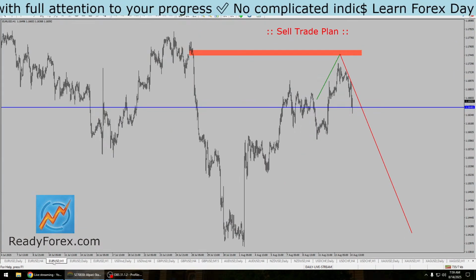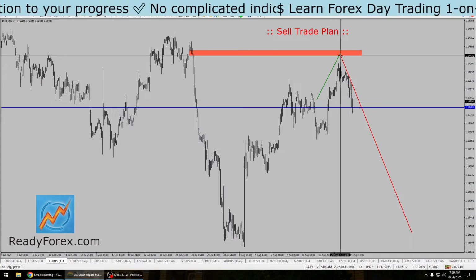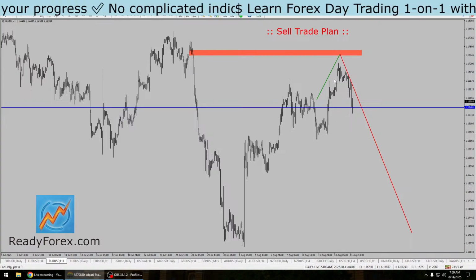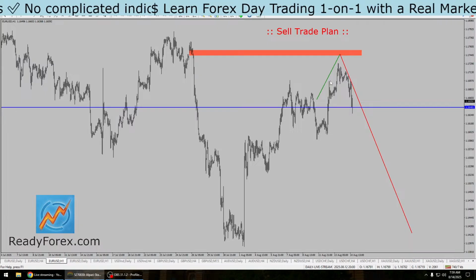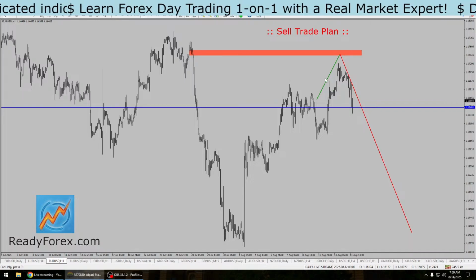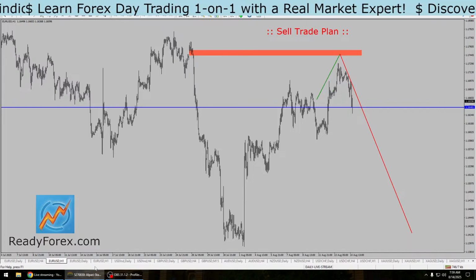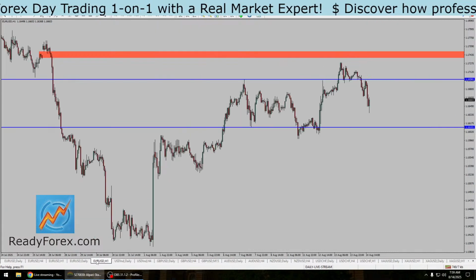So let's go over to a 1 hour chart. So this was a sell trade plan over here. Hopefully you guys managed to make some money out of it. A day before yesterday I actually went long, made some money in euro. Okay, let's see, this one is the alternative Elliott wave count.